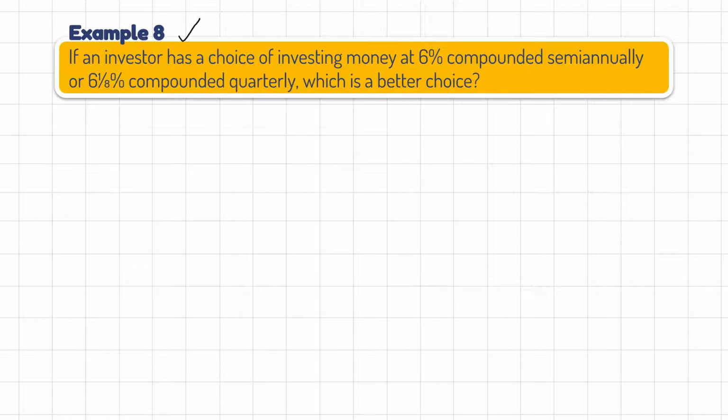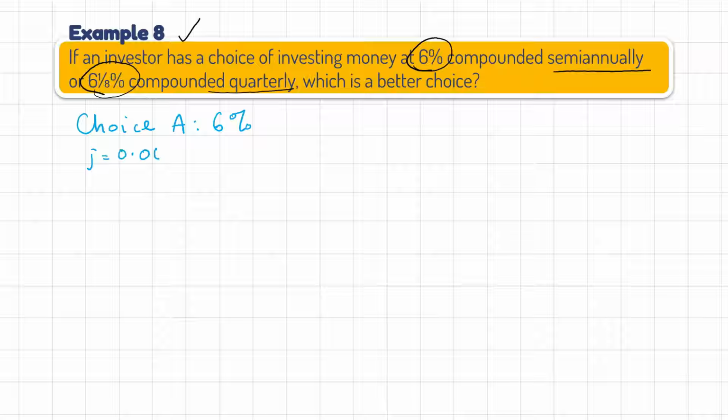If an investor has a choice of investing money at 6% compounded semi-annually or 6 1/8% compounded quarterly, which is a better choice? So here we are going to have choice A, 6%, where our j is equal to 0.06 and our m is equal to 2, since it states semi-annually.